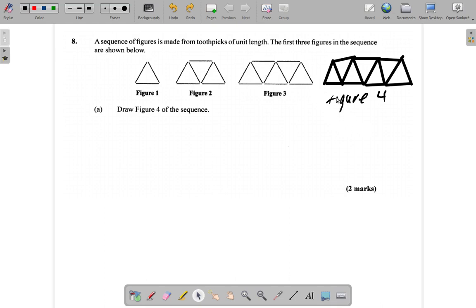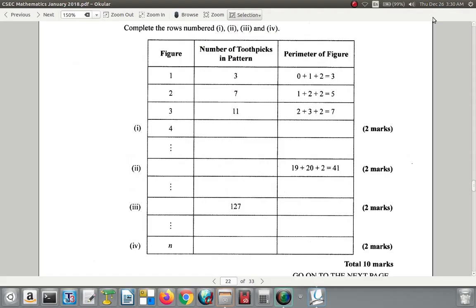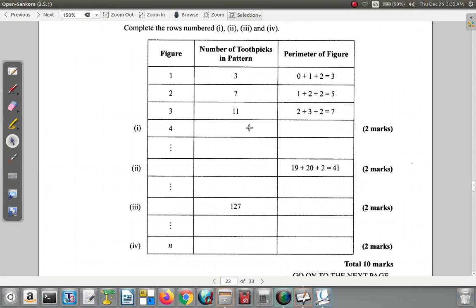Here we have 1, 2, 3, up to 15. So the number of toothpicks would be 15.